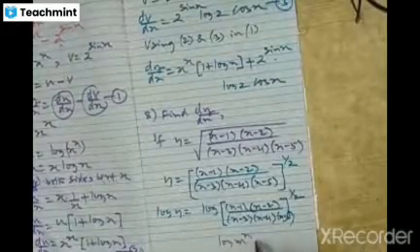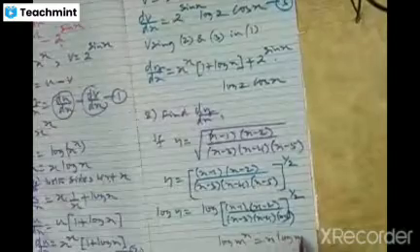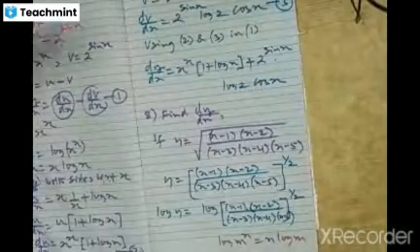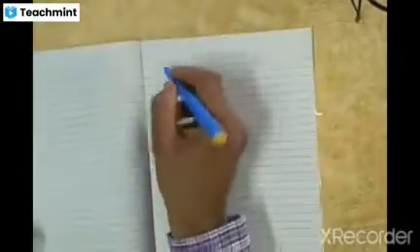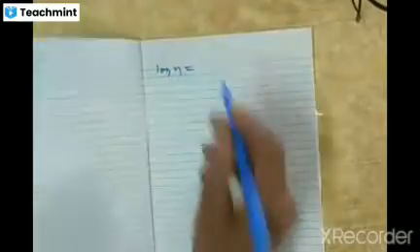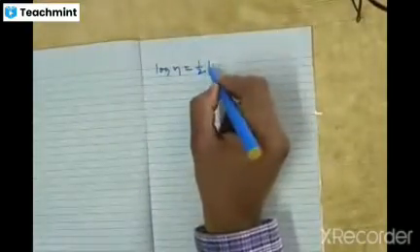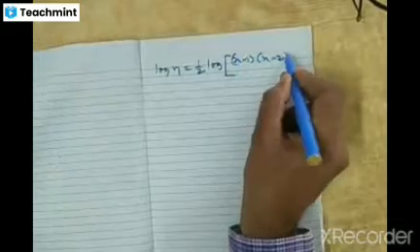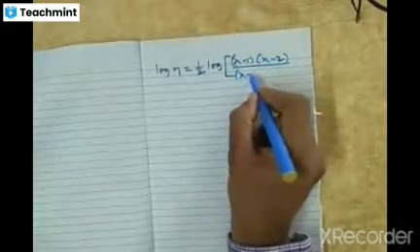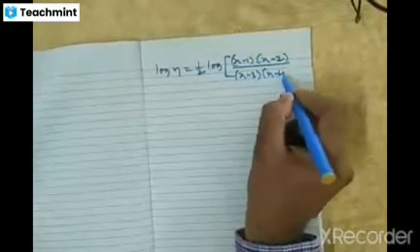We know that log m power n is n log m. So use this property of logarithm. In place of n we have half, so we get log y is equal to half into log of x minus 1 into x minus 2 whole thing divided by x minus 3 into x minus 4 into x minus 5.